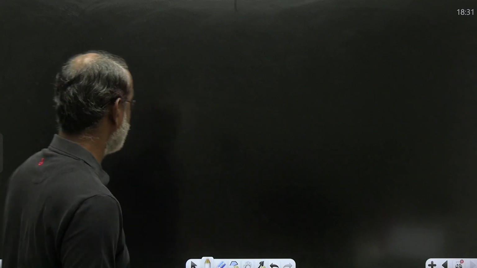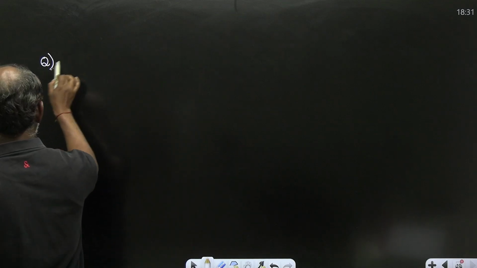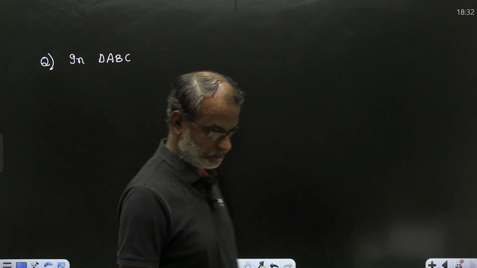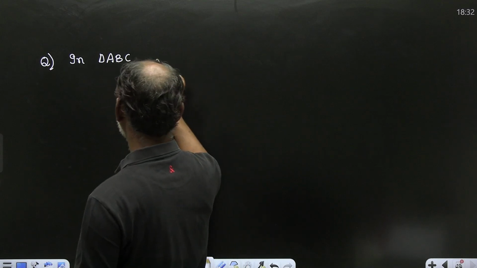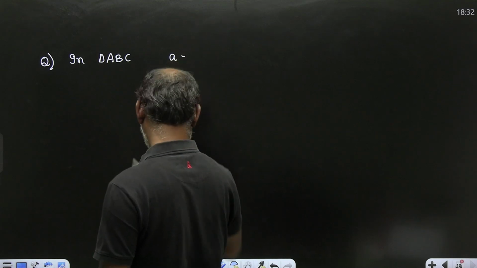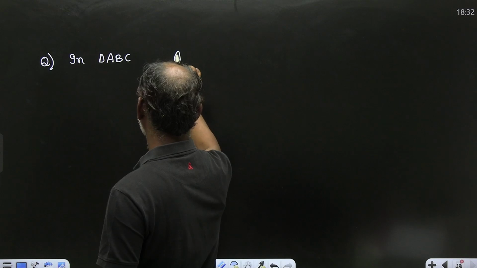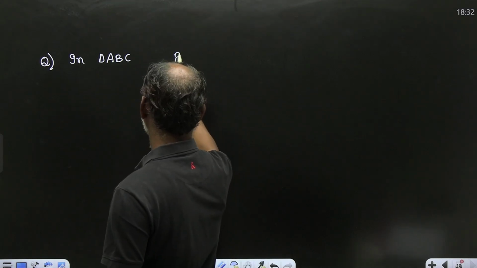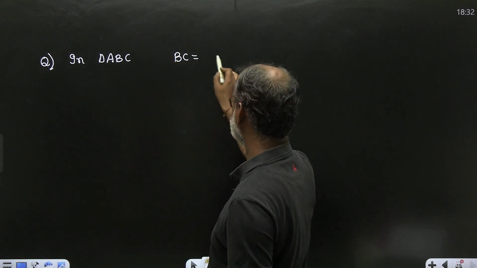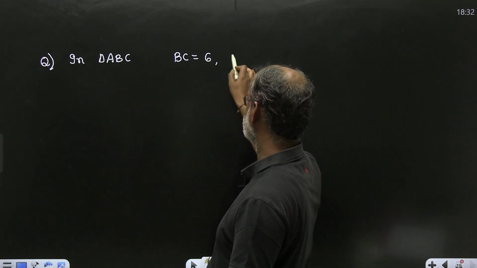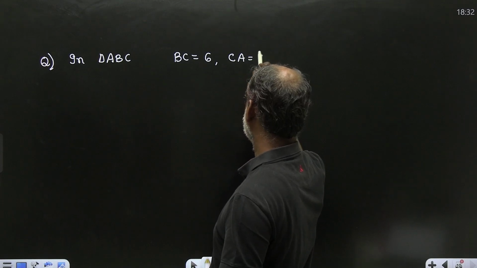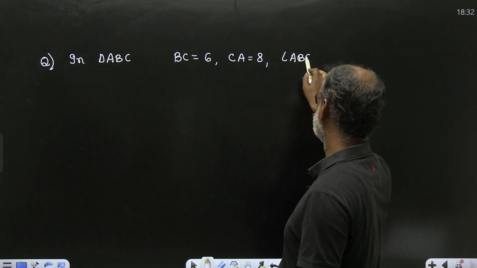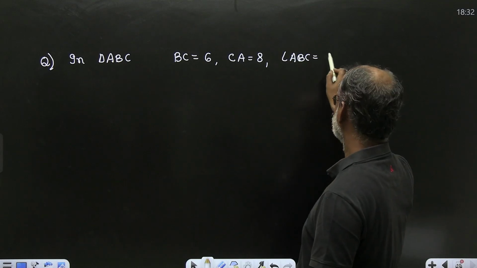Now, in some cases, suppose I say in triangle ABC, side AB, rather, side BC is say 6, CA is say 8, and angle ABC is say 60 degree.